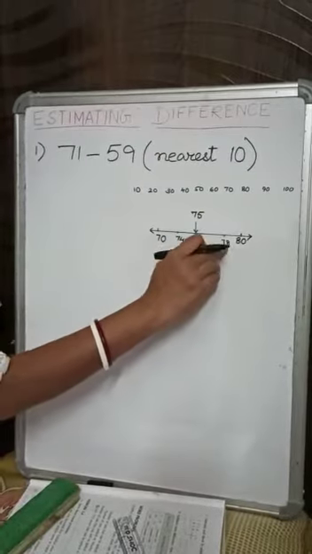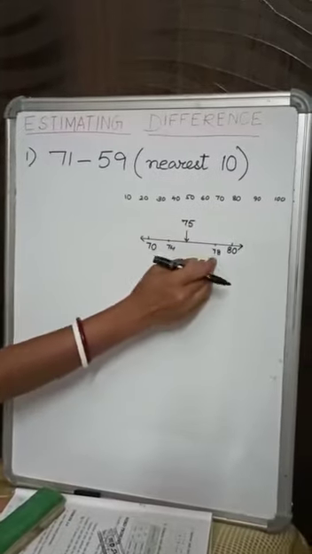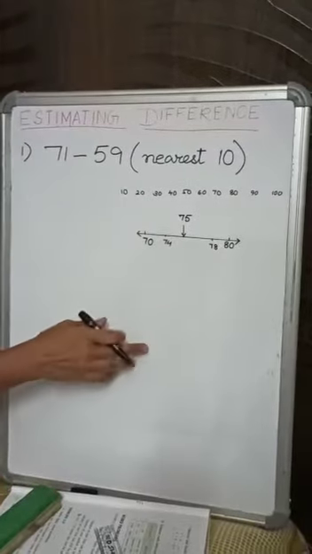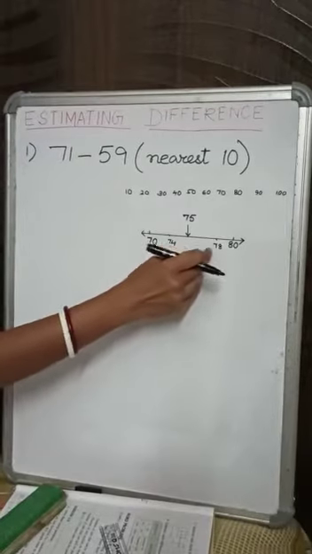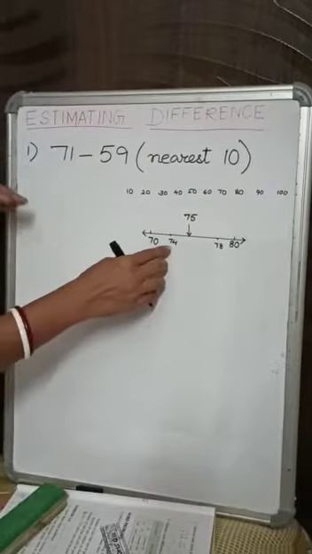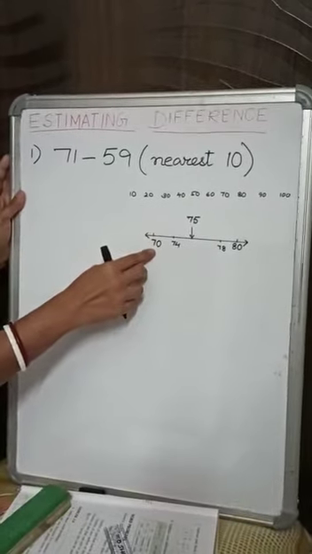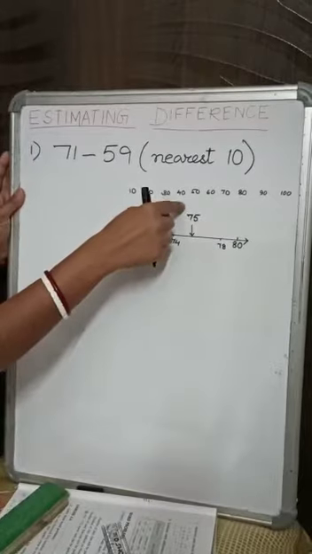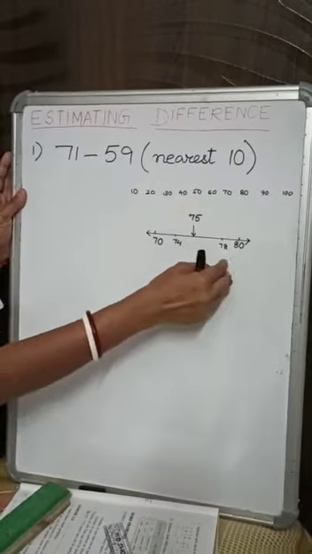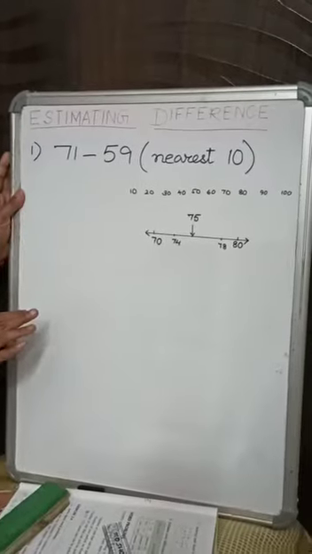You will see that 78, since it is greater than 75, will get rounded up to 80. So in these two numbers, 74 and 78, since 74 is less than the middle number, it rounds down to 70, and since 78 is greater than the middle number, it rounds up to 80. So this is the concept of rounding off.